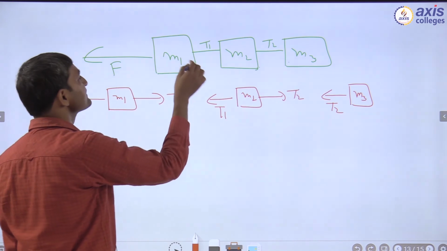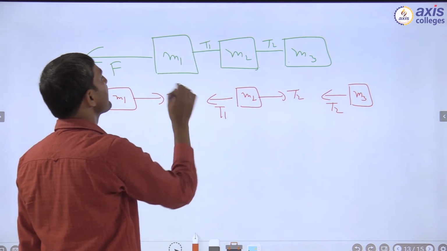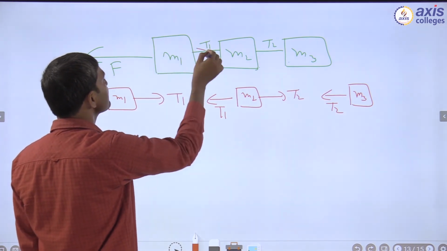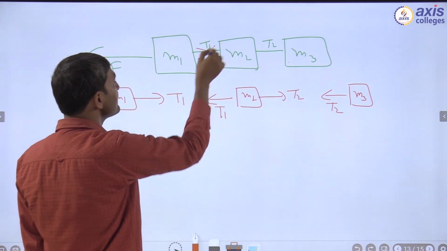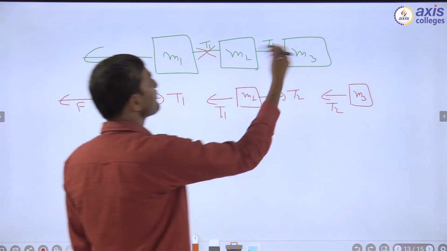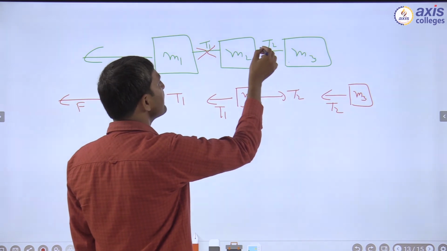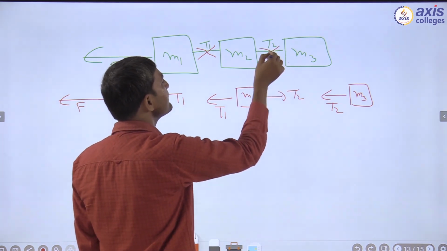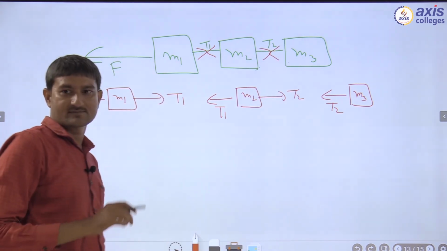So if I make the free body diagram, for M1 the force is in this direction, but for M2 the tension is in this direction. For block 2, T2 is in this direction, for block 3, T2 is in this direction.